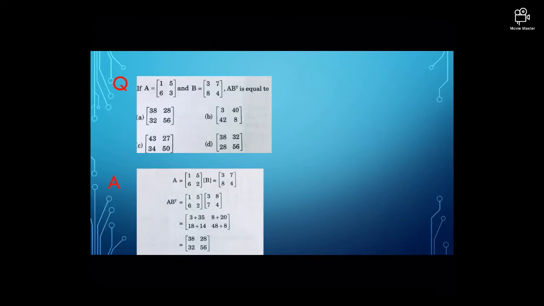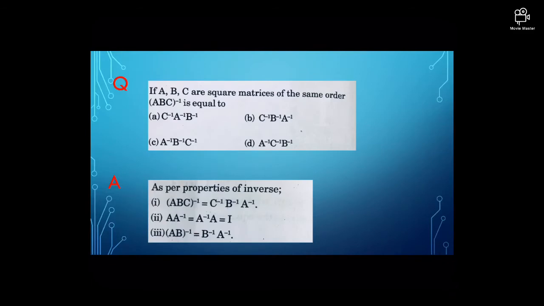So the next question, if A, B, C are square matrices of the same order, (ABC) whole inverse is equal to. This is a basic theorem we all know. Like A into B, or AB, the whole inverse will be B inverse into A inverse.